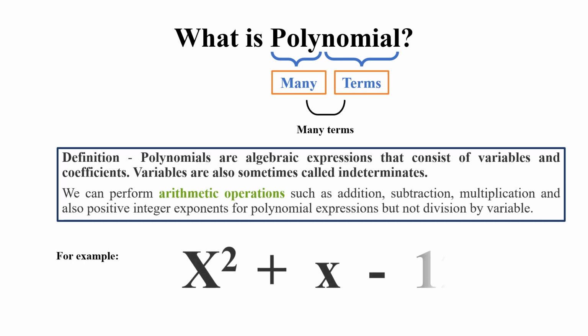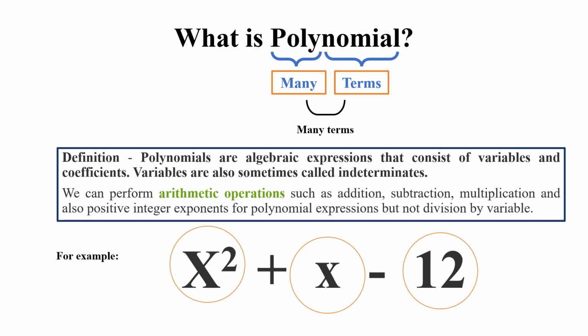Suppose for example we have the expression x square plus x minus 12. Here are three terms: x square, x, and minus 12. So one or more terms, and this is called a polynomial expression. This circle will define the three terms.